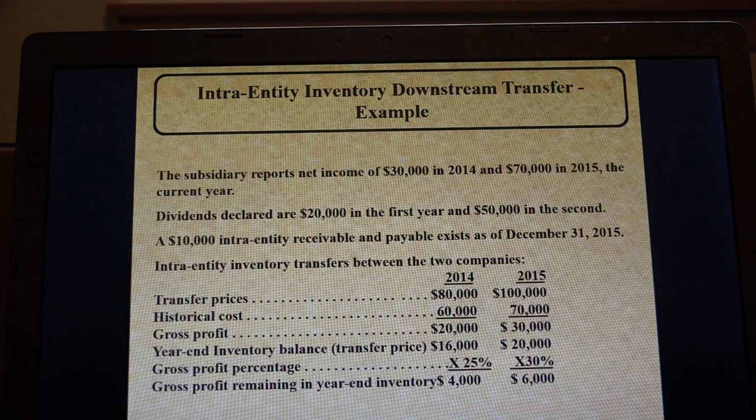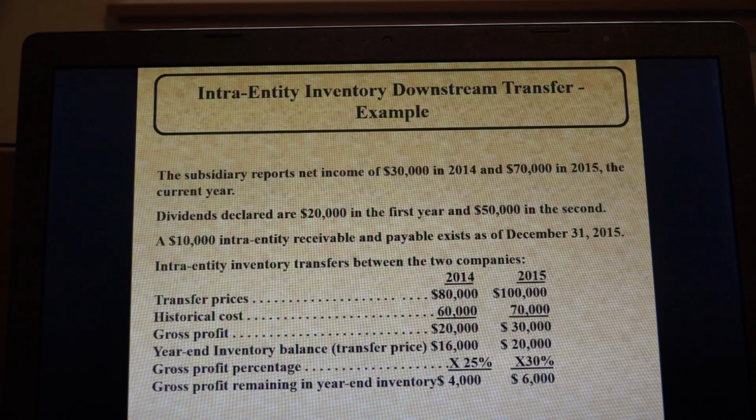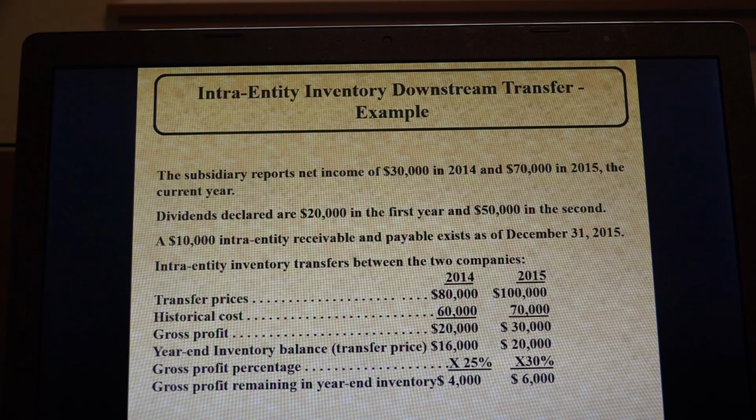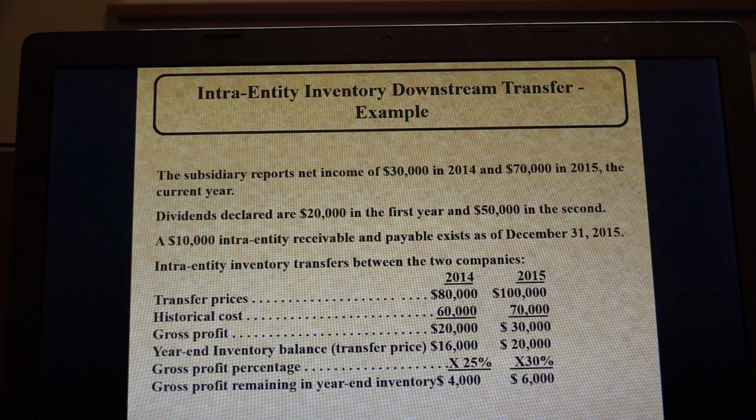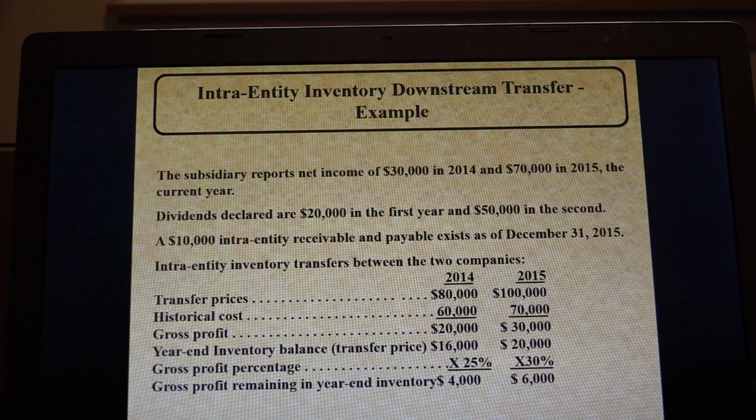And so they give you the intra-entity inventory transfers for the 2 years between the two companies. For 2014, transfer prices are $80,000, historical cost $60,000, so there's gross profit of $20,000.